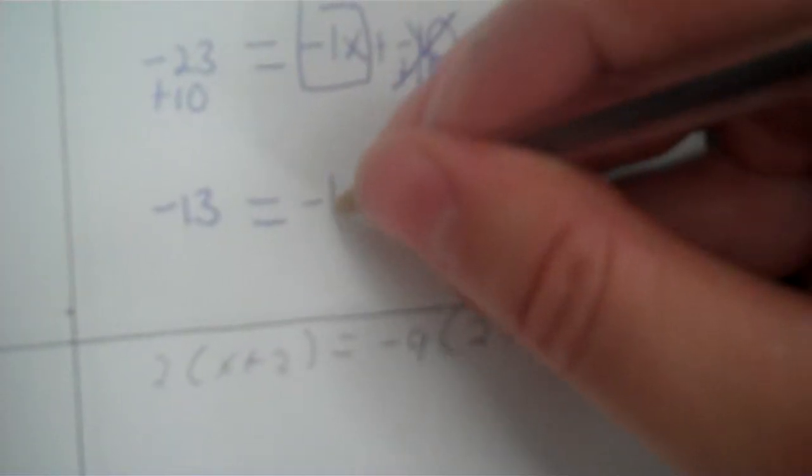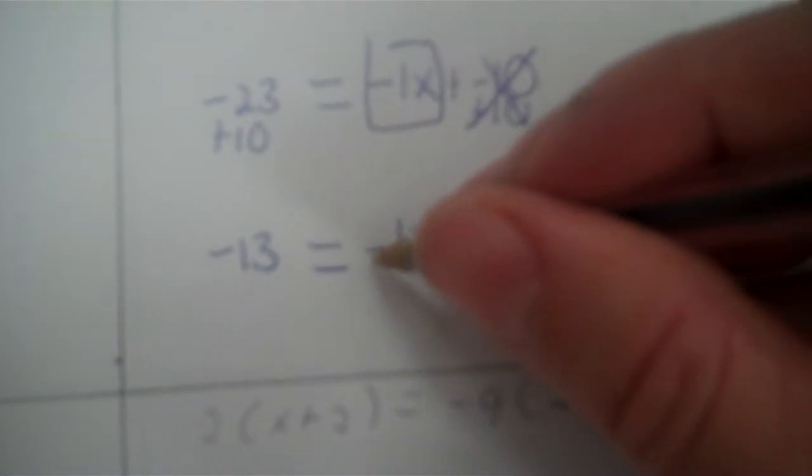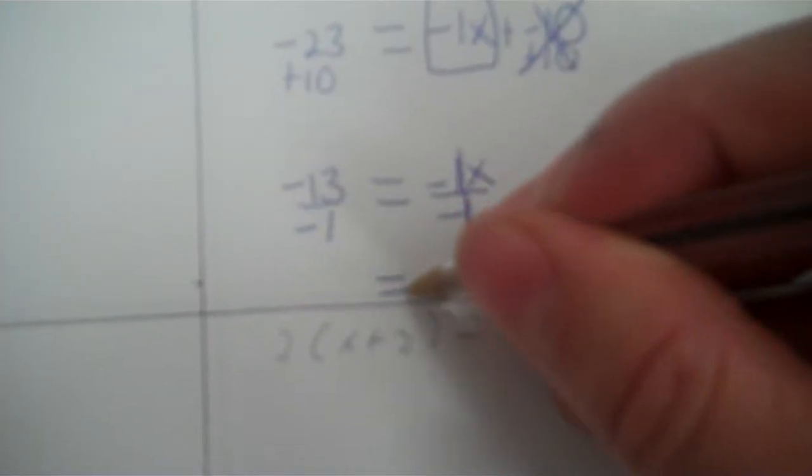And over here you've got negative 1x. Do I have a number under the letter? Nope. Just in front. It's not just a 1, it's a negative 1, so I need to divide. Negative 13 divided by negative 1 is 13, and over here we have x. The x is now by itself. Now I've solved it.